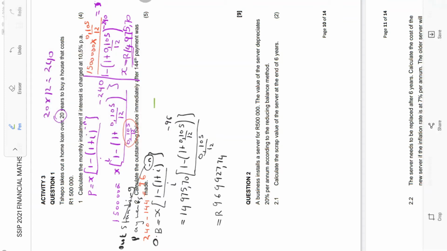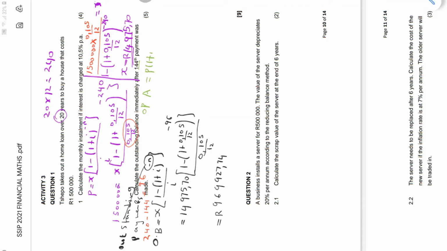Alternatively, you could work out the accumulated amount of the loan for the first 144 payments. The loan is 1,500,000.